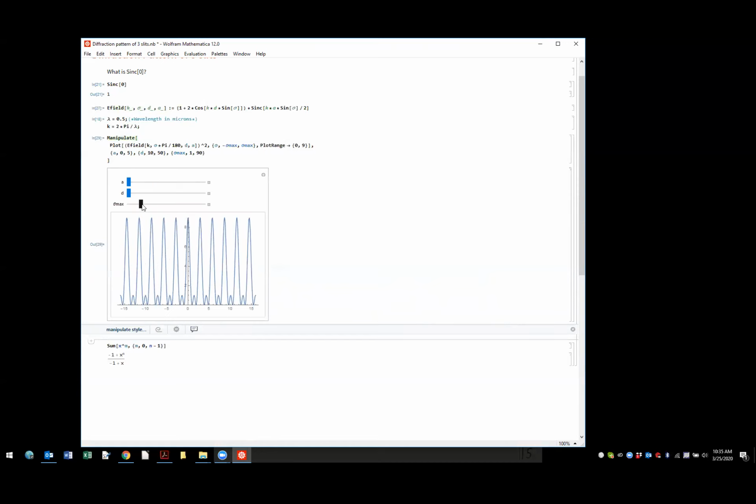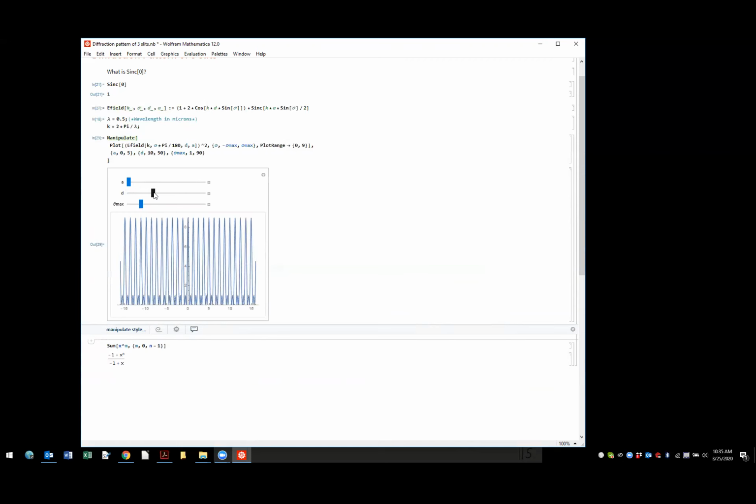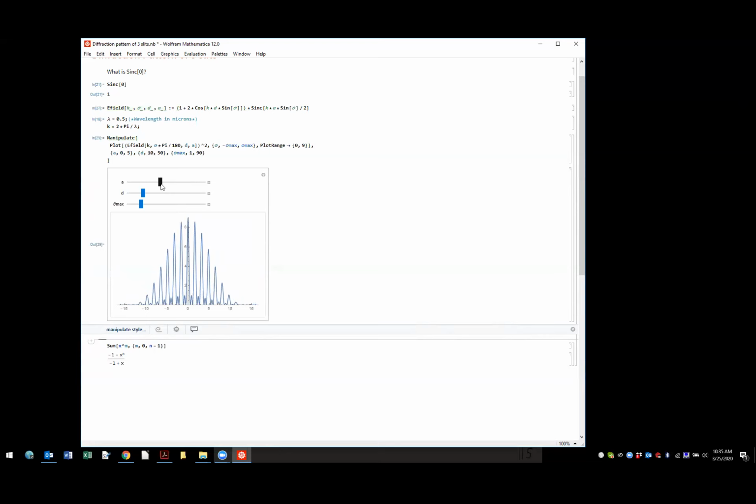Here, we're looking at from minus 15 to 15. You can see large peak, small peak, large peak, small peak. As we change D, it changes the spacing between those. If we change A, it certainly modulates those, all right?